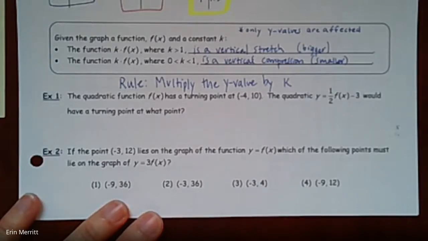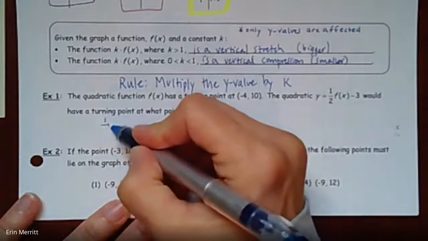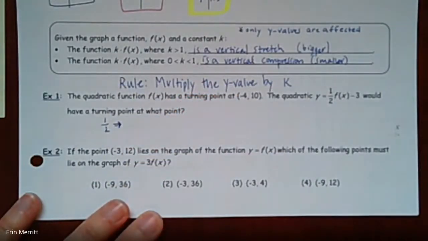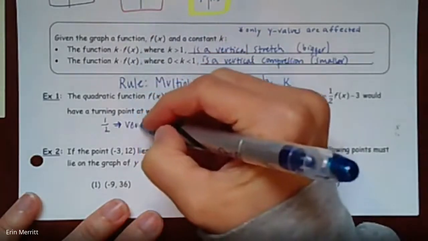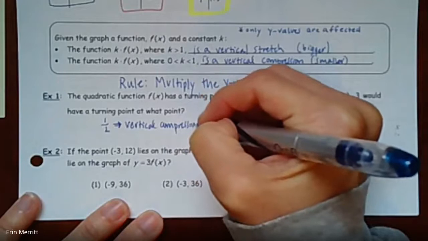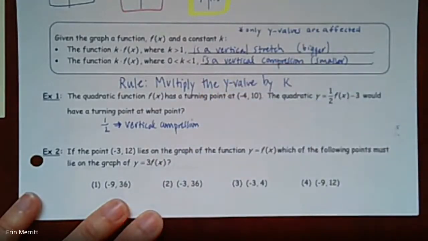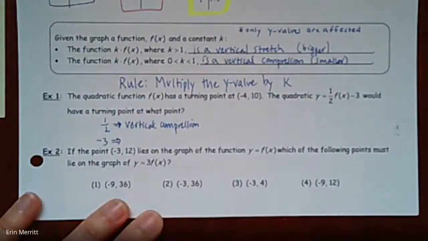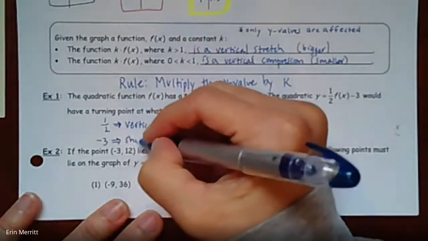You have a -3 at the end. So let's write down what each one's doing. So the 1/2, that's a value between 0 and 1. That is a vertical compression, which should make sense. You're essentially going to make it half the height that it was. And then the -3, that's going to shift it down 3.